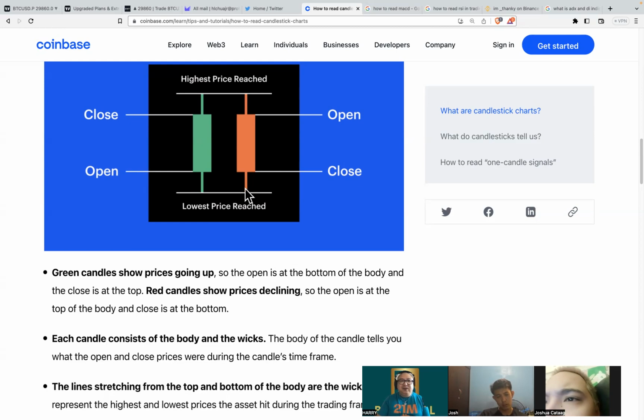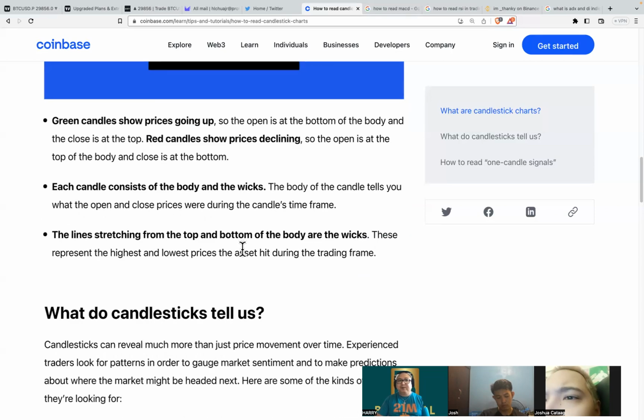And then let's say nag-step in na naman ang mga buyers. So they step in. But the price is still lower than the opening price. So at the end of the day, the sellers were winning. Okay? So nag-close siya at this price. So sa baba ng body. Okay? So this is a red candle. This is bearish. This is a green candle. This is bullish. So, intindihan?